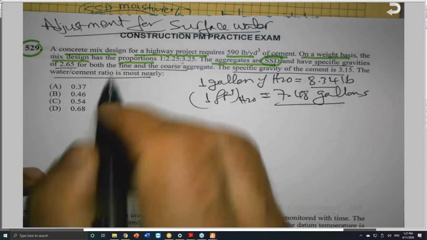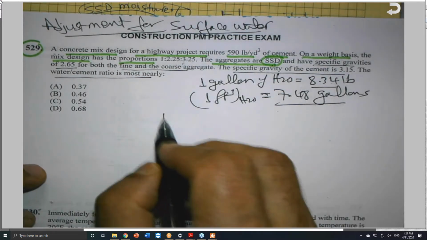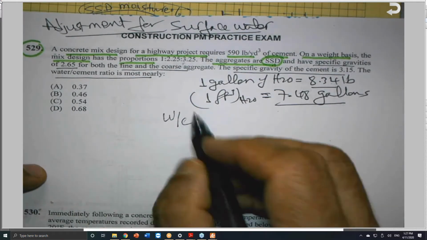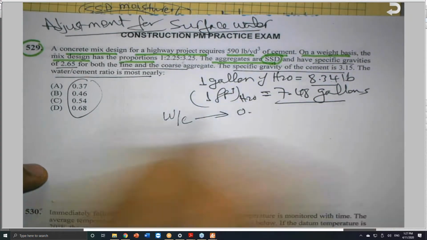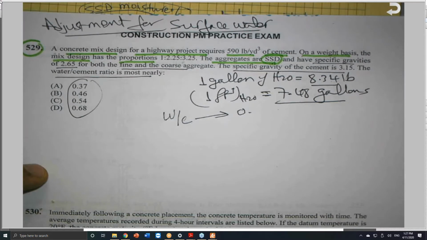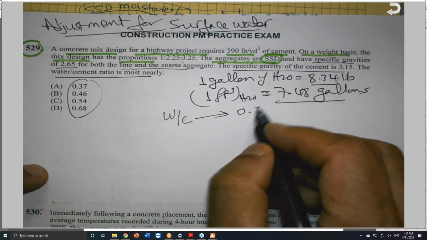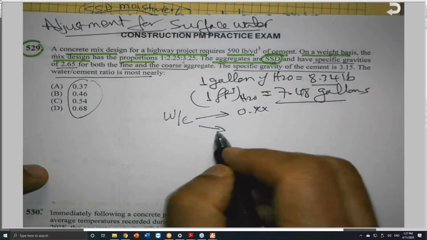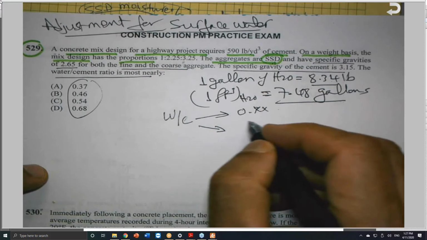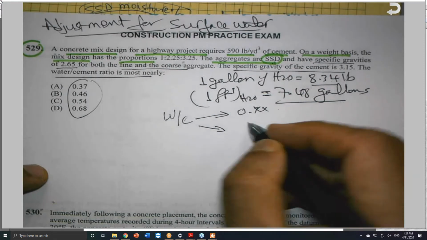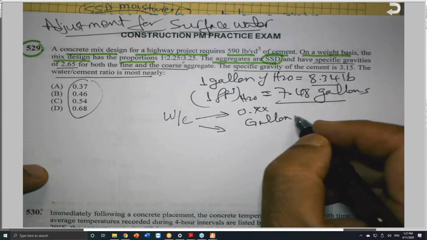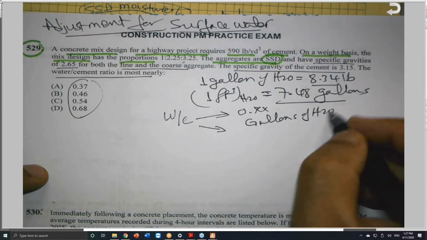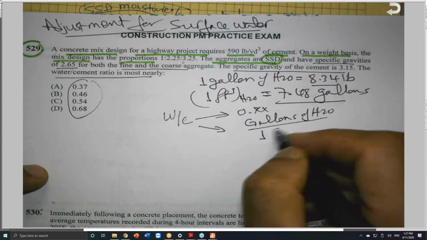He is asking what is the water cement ratio. Water cement ratio could be a decimal like this, point something, or it could be how many gallons of water per 1 sack of cement.